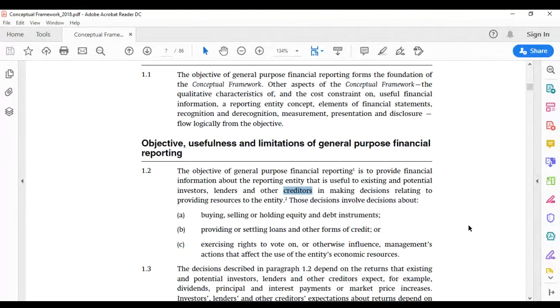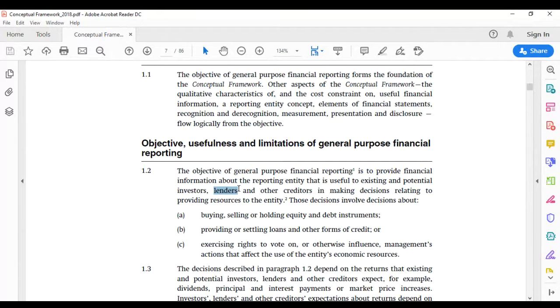They're not going to grant you R1 million worth of credit facilities if you cannot repay that, right? And then, in making decisions relating to providing resources to the entity, clearly, in the case of existing and potential investors, they will provide what kind of resources? Capital for the company to start up, or to expand, or even to merge or take over another entity.